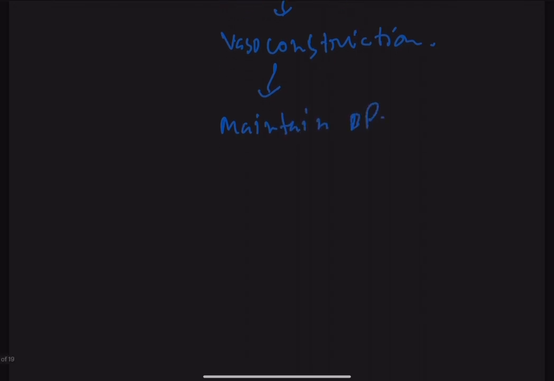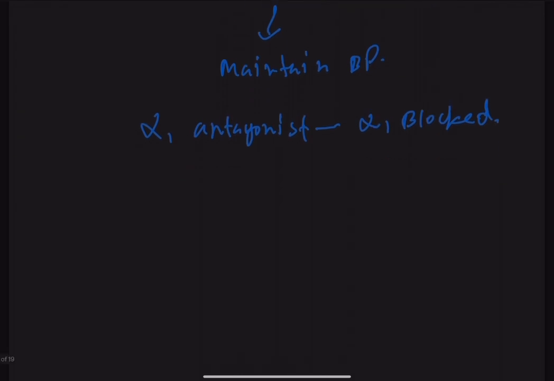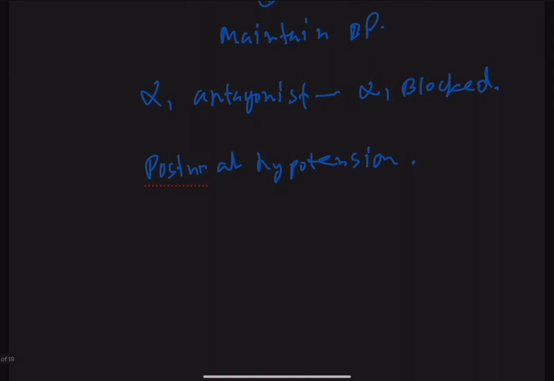But when we use alpha 1 antagonist, then this alpha 1 receptor is blocked. So norepinephrine and epinephrine can't bind with the alpha 1 receptor, and they can't cause vasoconstriction, and this leads to postural hypotension. This means hypotension or decrease in blood pressure with changing in posture, okay?